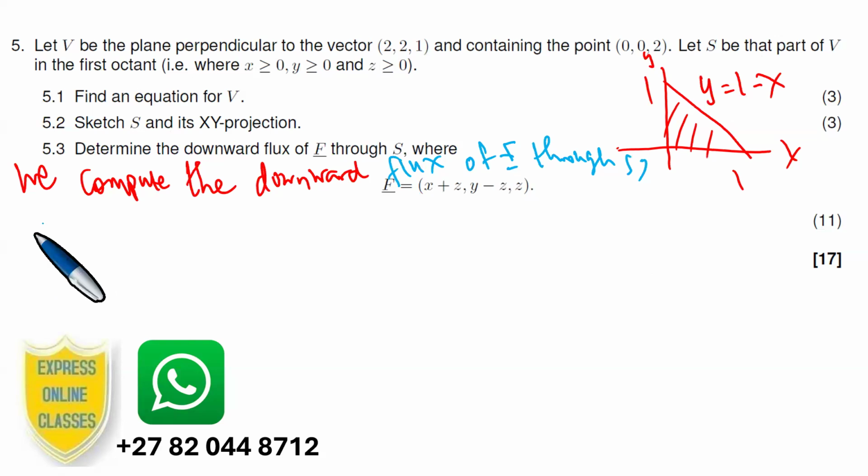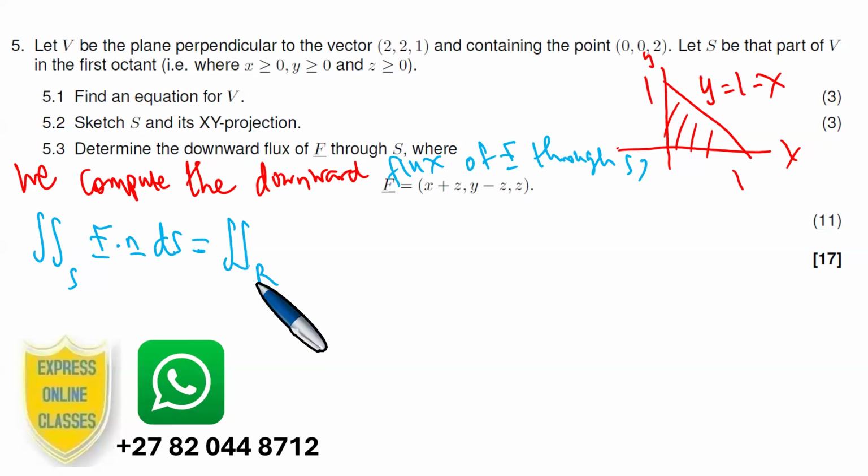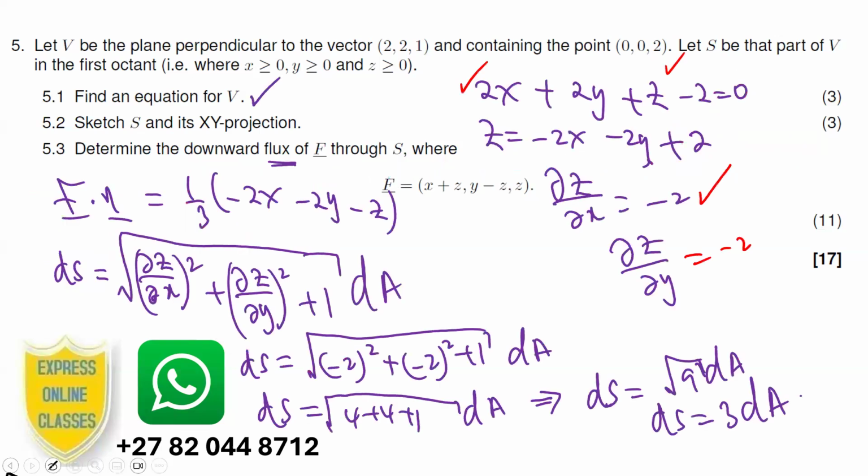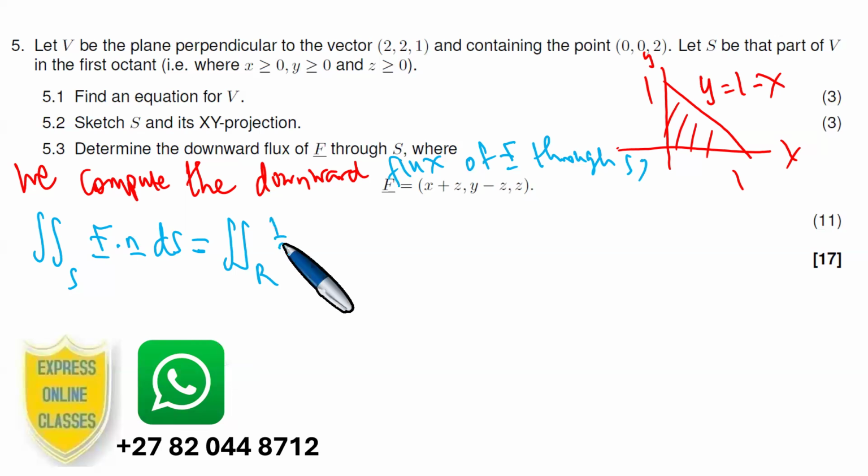This downward flux becomes the double integral of F dot N dS over the region R. And now the F dot N, we go back to this, is 1/3 of minus 2x minus 2y minus z.